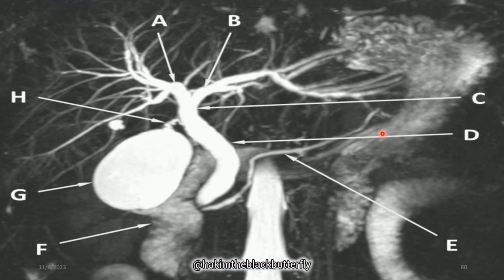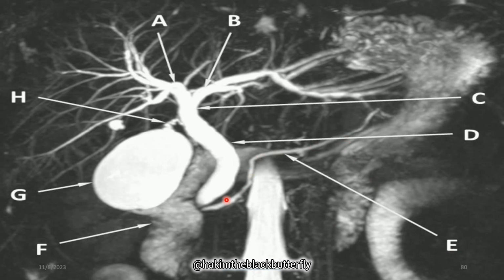So we've already mentioned these ducts. We have the right hepatic, left hepatic, the common hepatic, cystic duct, joining the common hepatic to form the common bile duct that will later join the main pancreatic duct here, so that these two can join and later enter the duodenum.